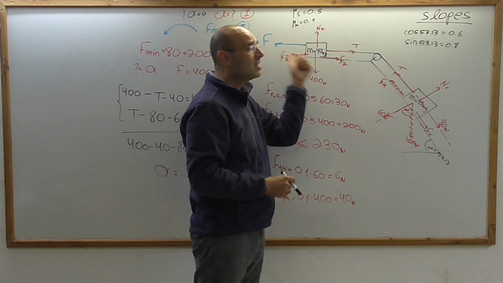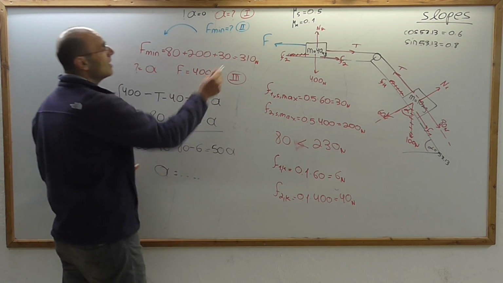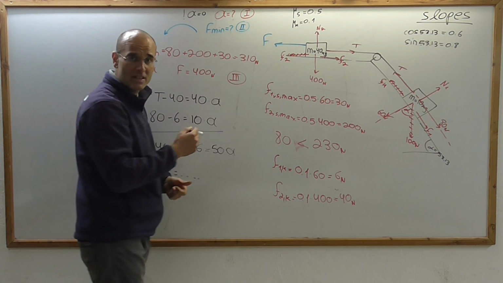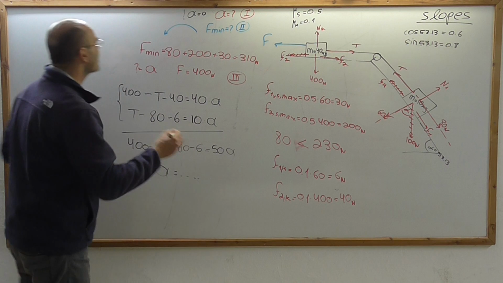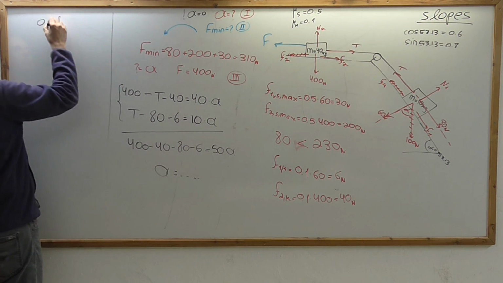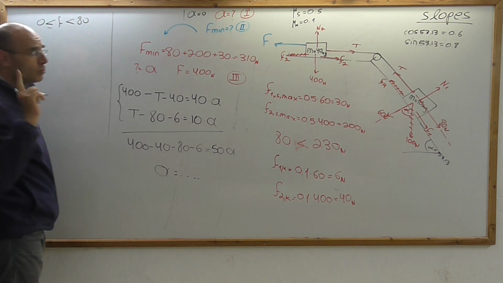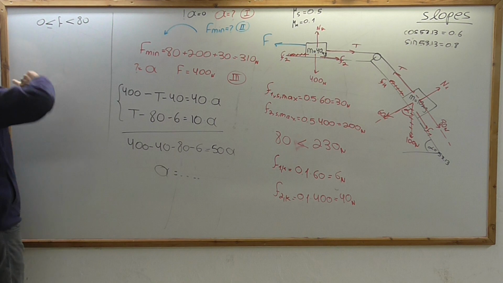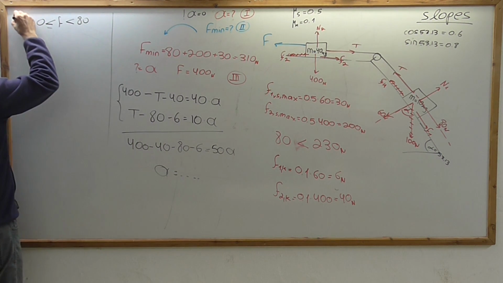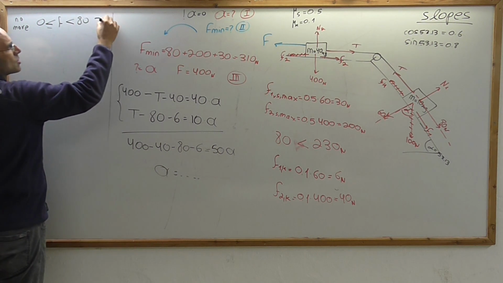If it's above 80, the tendency will be to move this way, but it won't move until 310. And from 310, it will start moving. Let's sum it up. When F is between 0 and 80, it won't move, but the tendency will be that way.